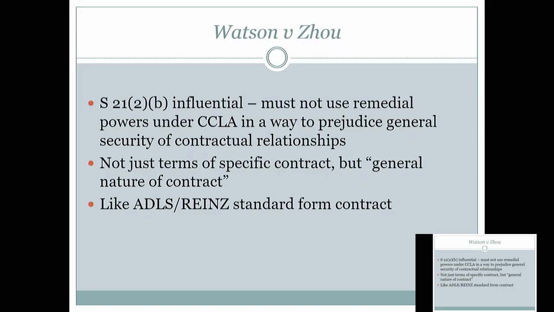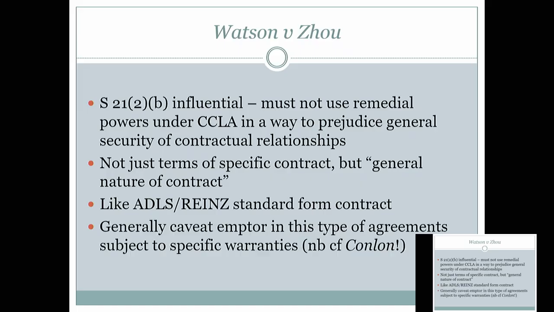And so we should be very wary of exercising our power to grant parties relief from mistakes in these types of contracts. And also we should be wary of upsetting the general allocation of risk in these types of contracts, which is and has always been caveat emptor.